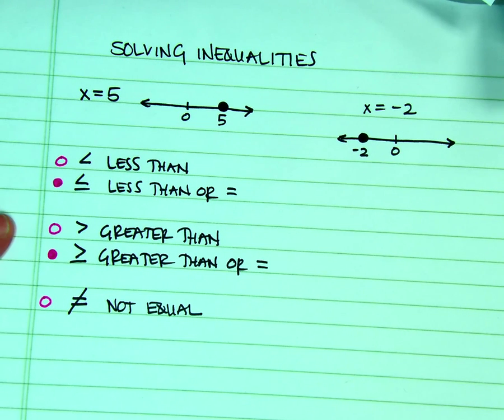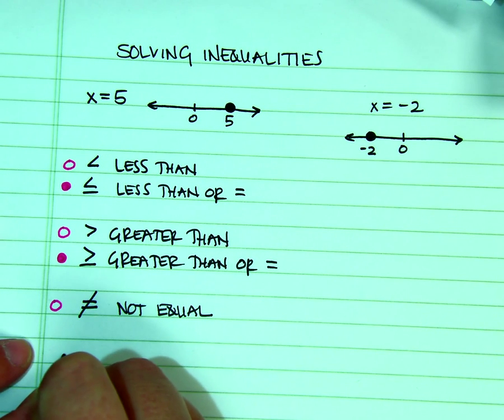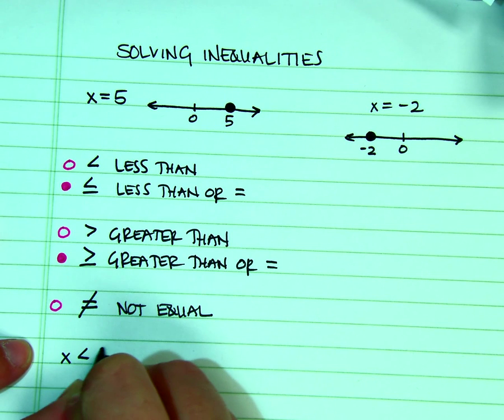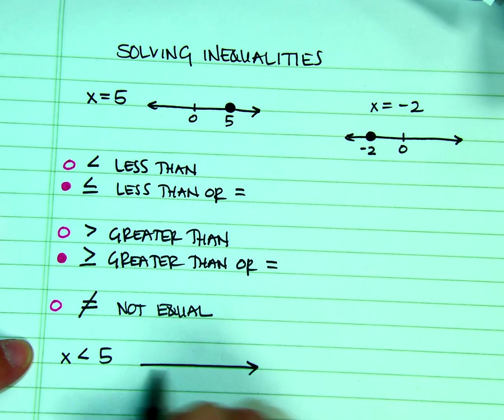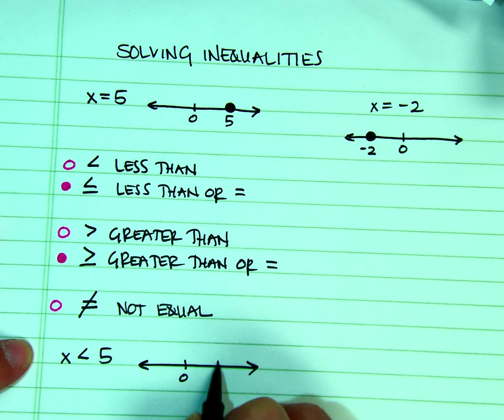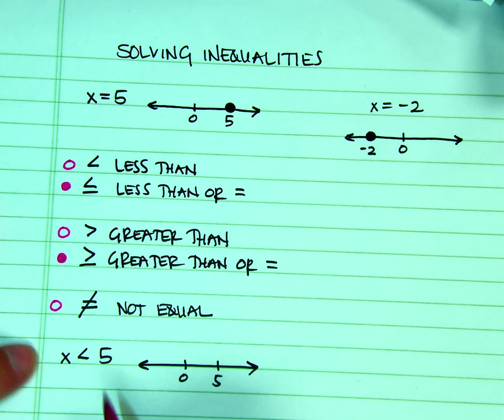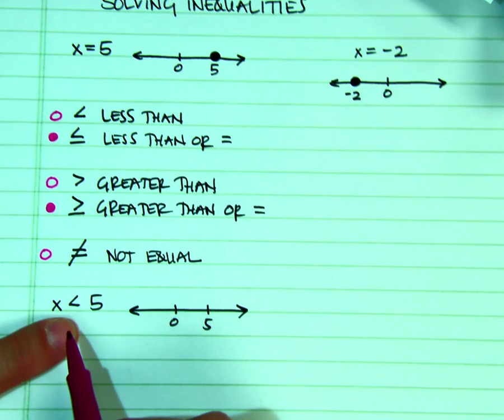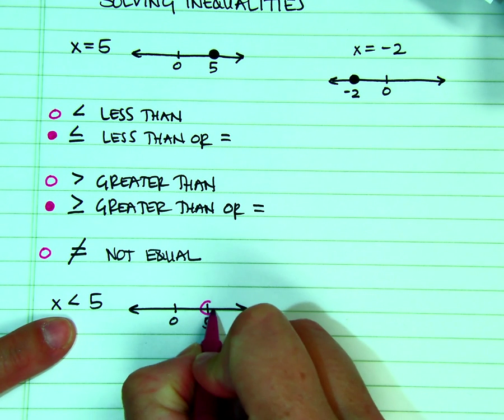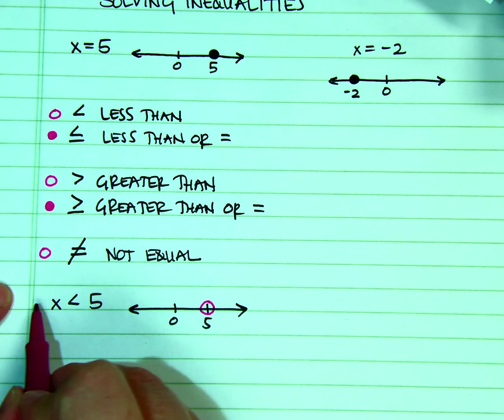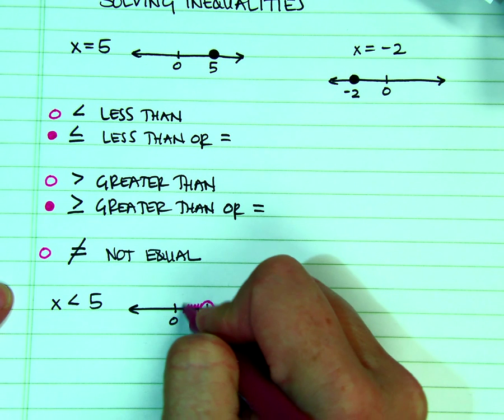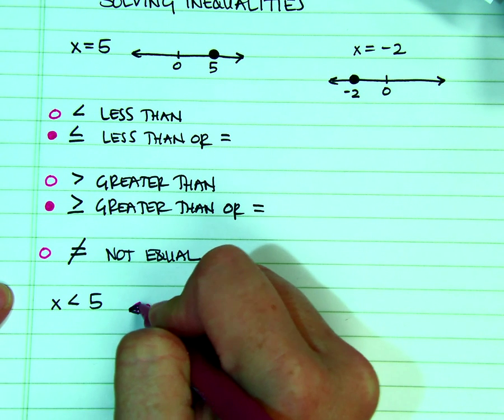So let's start off with graphing. Let's say x is less than 5. If x is less than 5, that means it does not include 5, and I'm looking for all the numbers that are less than that. So then we shade the number line.